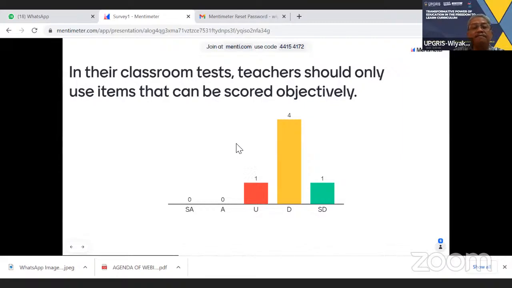All right, so you're right. The audience, yeah, 5 of you disagree or strongly disagree with the statement. But 1 of you agrees, strongly agrees that this statement is true.